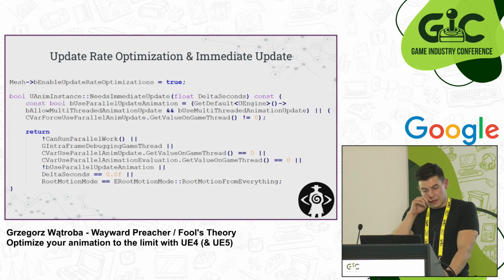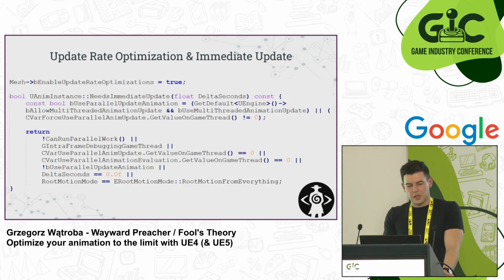And next is update rate optimization and immediate update checkup. So update rate optimization helps to improve the priority of update calls for a given animation and prevents anims from ticking too often. And actually this is really easy, it's just one flag you have to set in code. So enable update rate optimization, that's it.